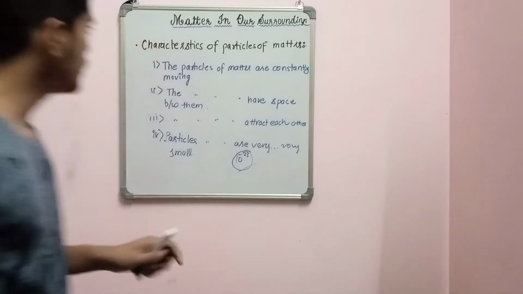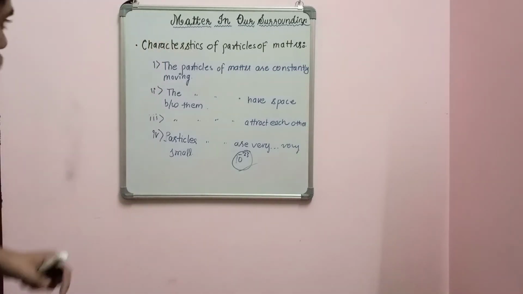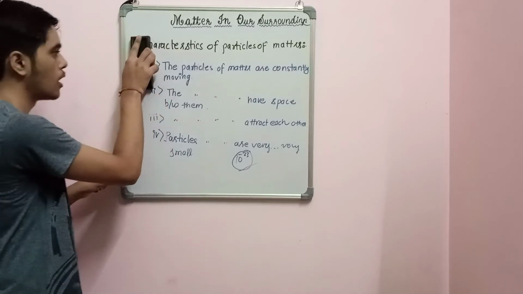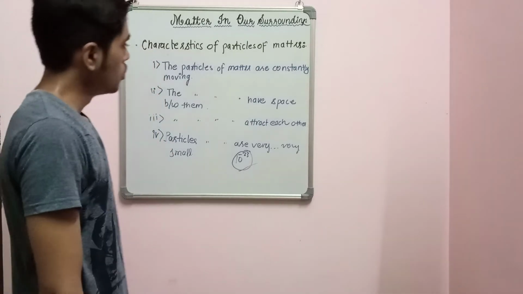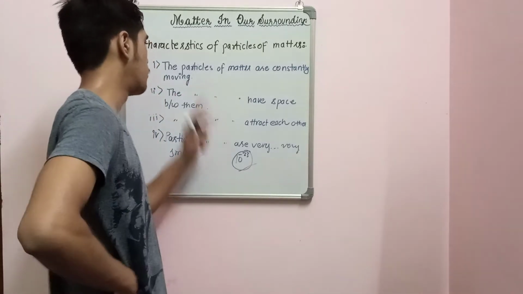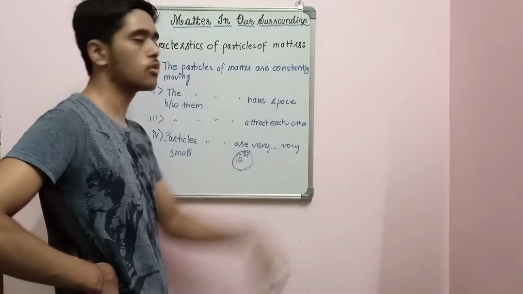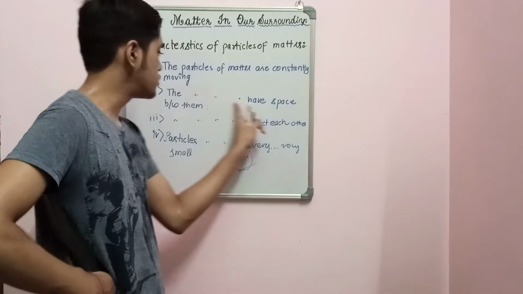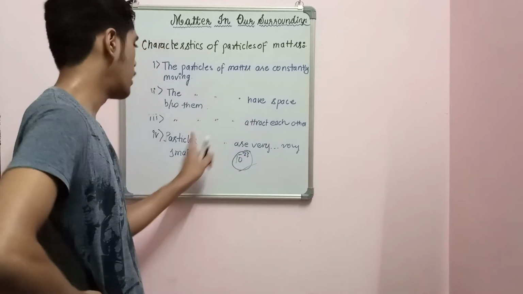So we have covered the characteristics of particles of matter. Now you will ask what the proof is that the particles of matter are constantly moving, have space between them, and attract each other.